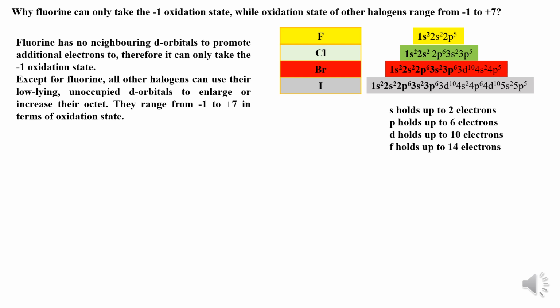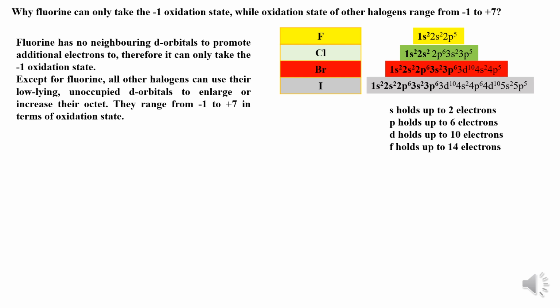When you closely examine the electronic configurations of the halogen atoms, you find that fluorine has no neighboring d orbitals to promote an additional electron. The additional electron that the fluorine atom takes can be taken up by the half vacant p orbital.